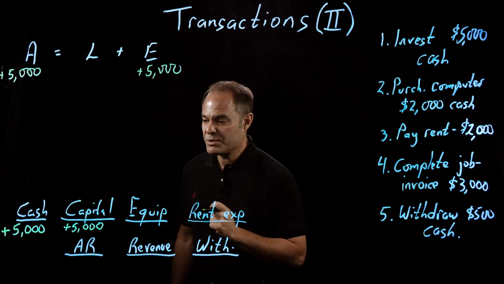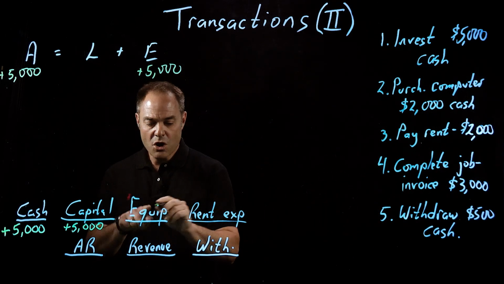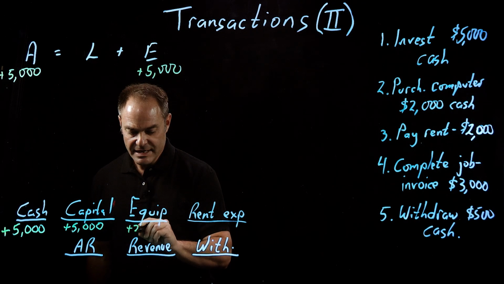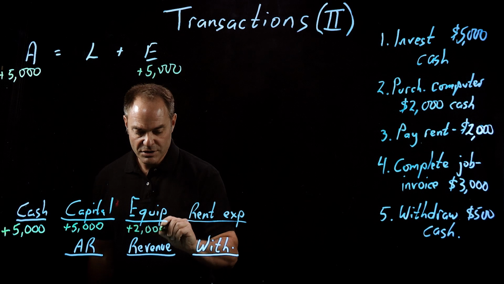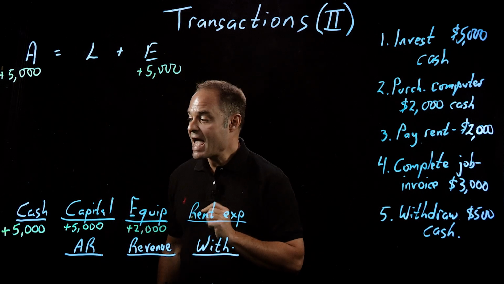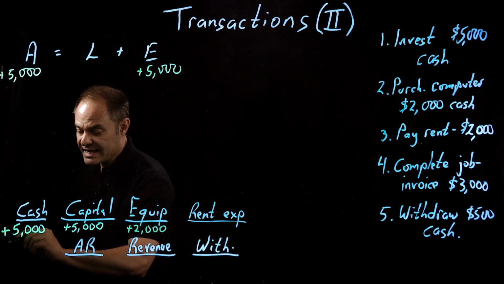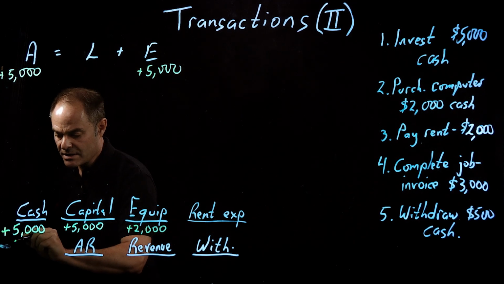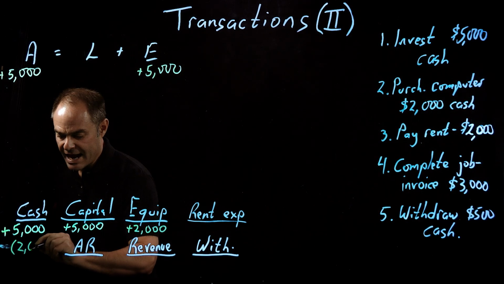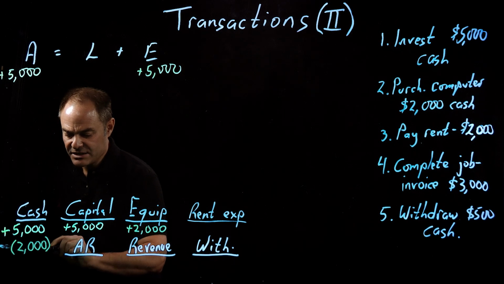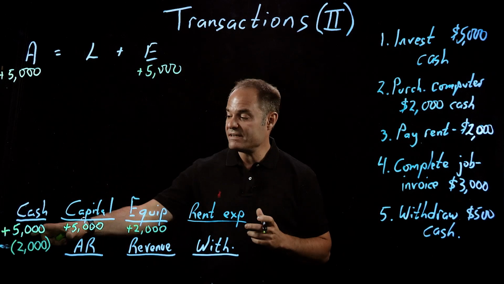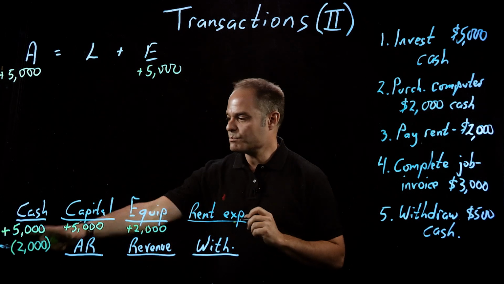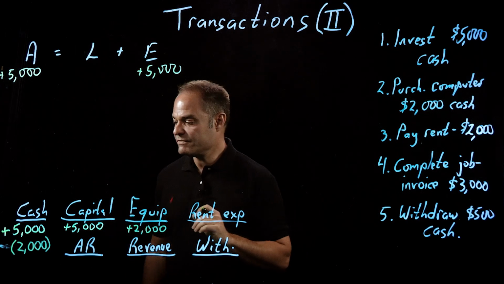Next, he purchases a computer. So the computer we're going to call equipment. We'll put that in our equipment account over here. And then we're going to increase that by $2,000 for the purchase of a computer. And because he paid cash, his cash balance is going to go down, and I'm actually going to put that in brackets. In accounting, we tend to use brackets to denote a negative number just because it's very easy to miss out on little minus signs, whereas brackets you never miss out on, so there's no confusion.